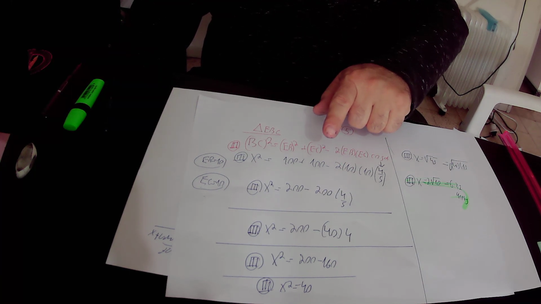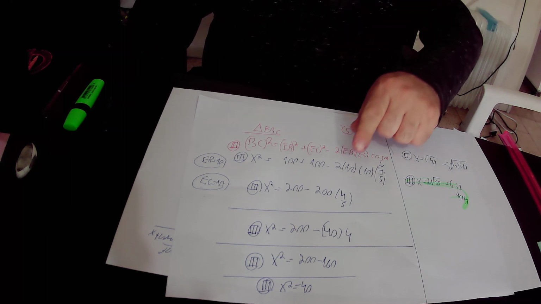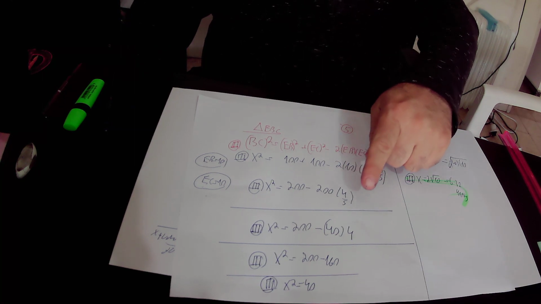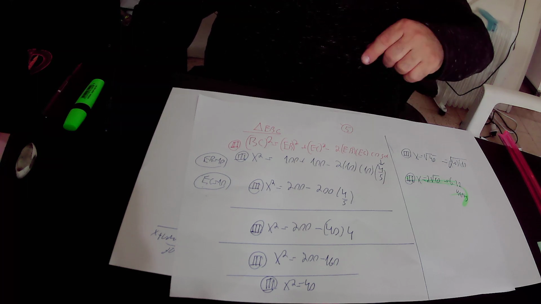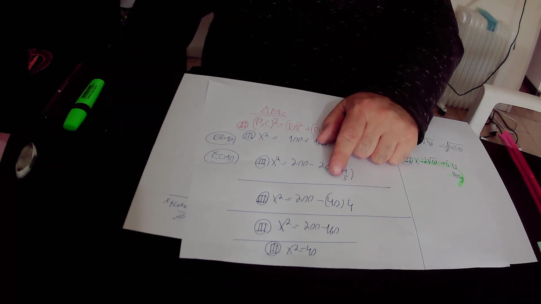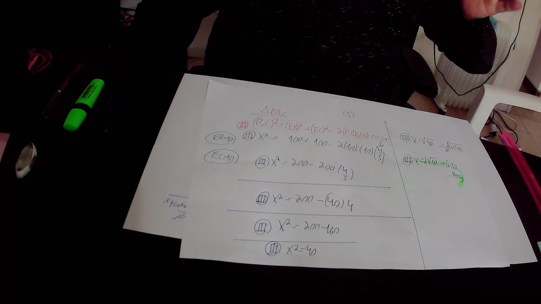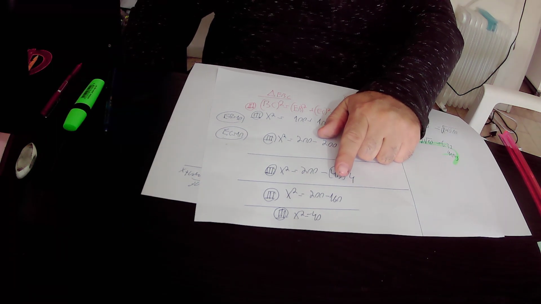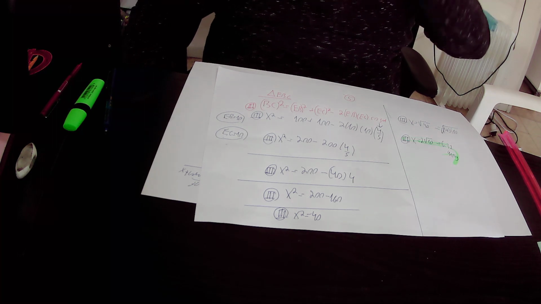So x squared equals 200 minus 200 times 4 over 5. 200 over 5 is 40, so this expression equals minus 40 times 4. Minus 40 times 4 is minus 160. So x squared equals 200 minus 160. 200 minus 160 is 40, so in conclusion we found out that x squared equals 40.